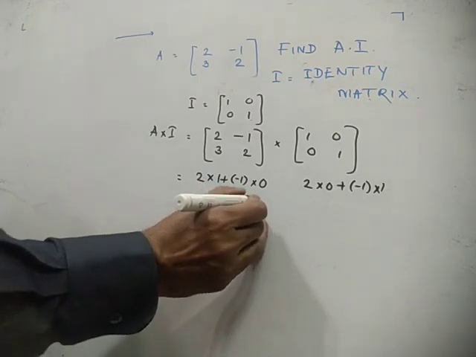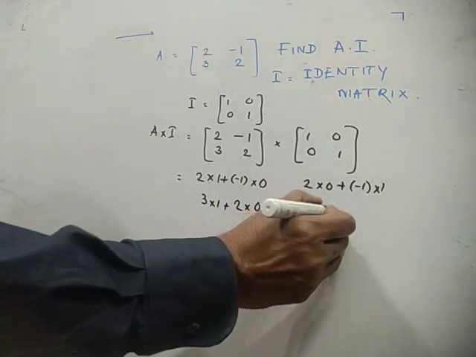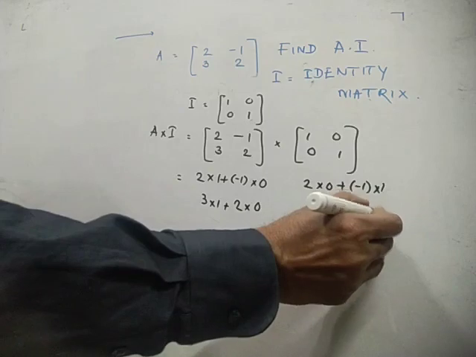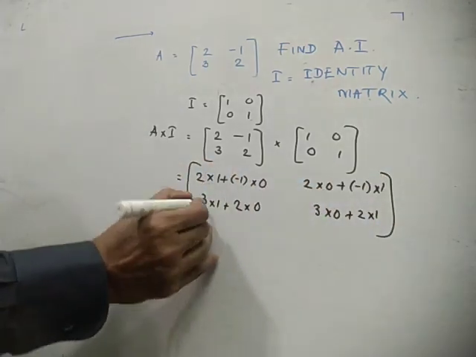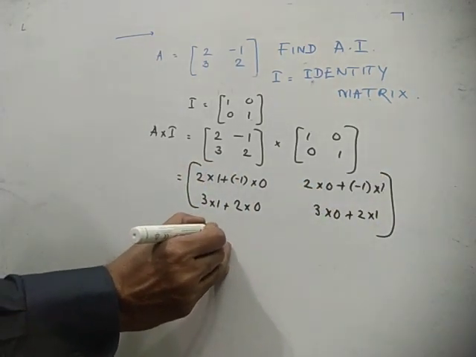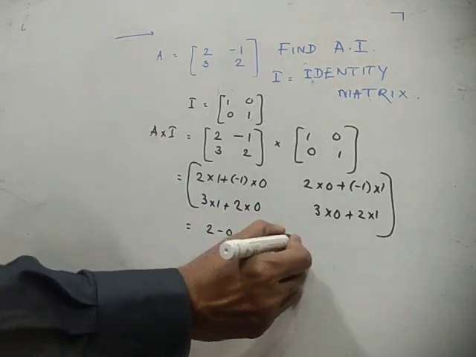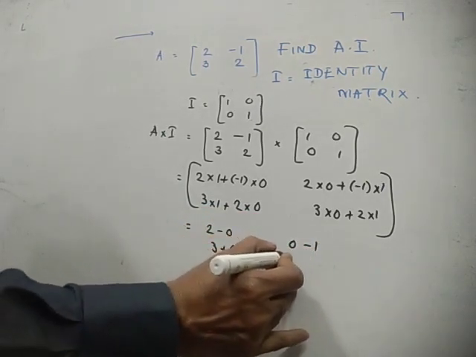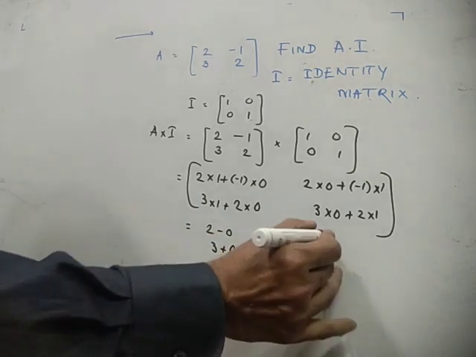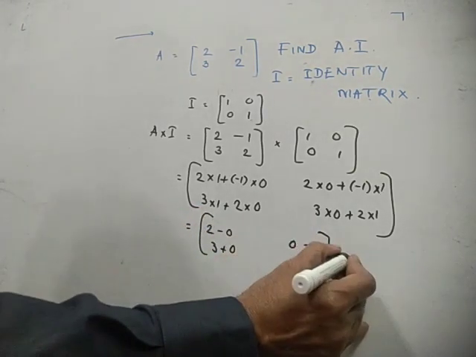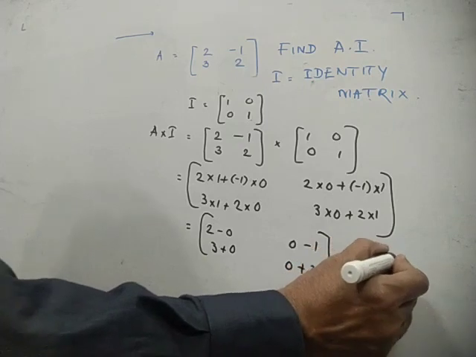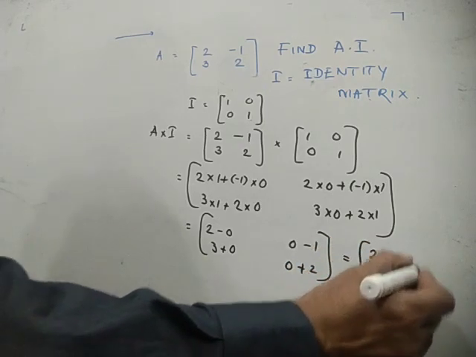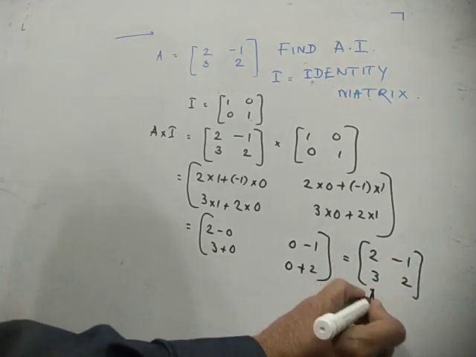Now second row, first column, 3 into 1 plus 2 into 0. Now second row, second column, 3 into 0 plus 2 into 1. After calculation, it comes to 2 minus 1 3 2, which is equal to A.